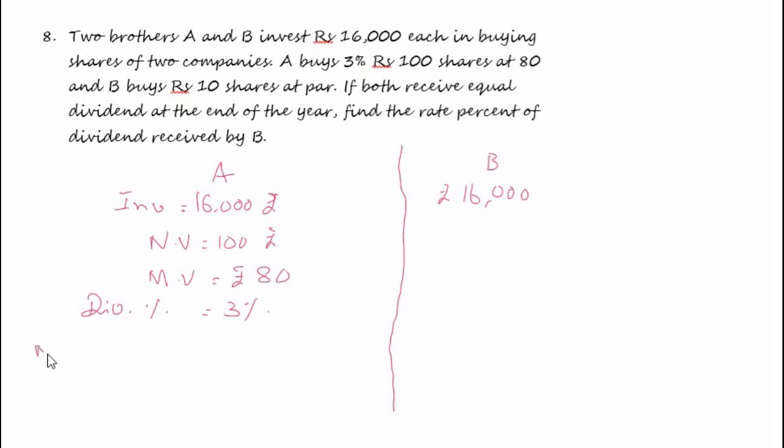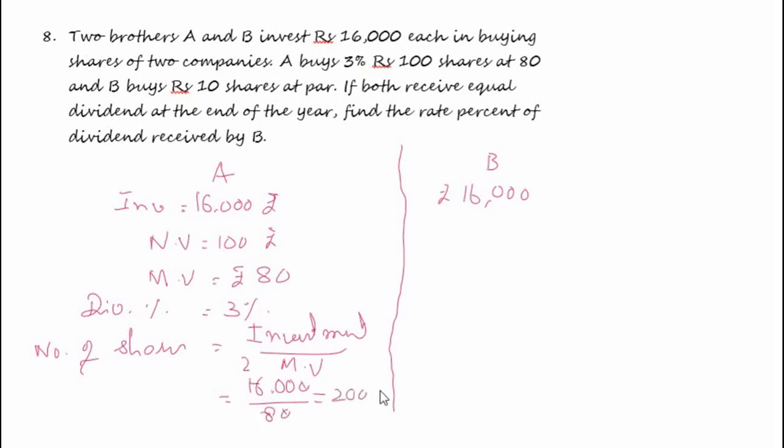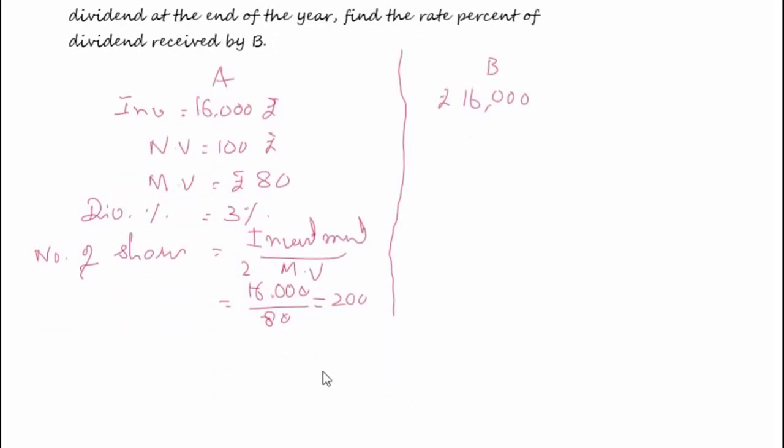So number of shares he gets, that is investment divided by MV. So it is 16,000 divided by 80, which is 200. So he gets 200 shares of this company. So what is the dividend he gets here?